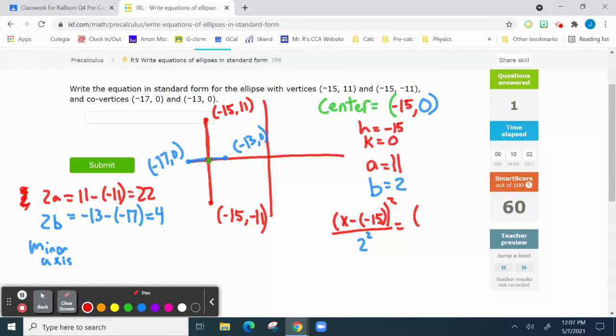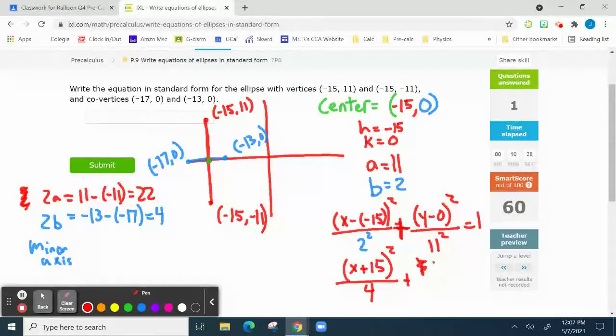Plus, sorry about that, y minus 0 squared over 11 squared equals 1. So now we're going to have x plus 15 squared over 4 plus y squared, 11 squared is 121, equals 1. And that should do it.